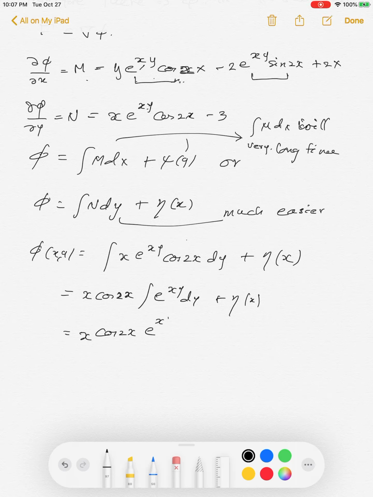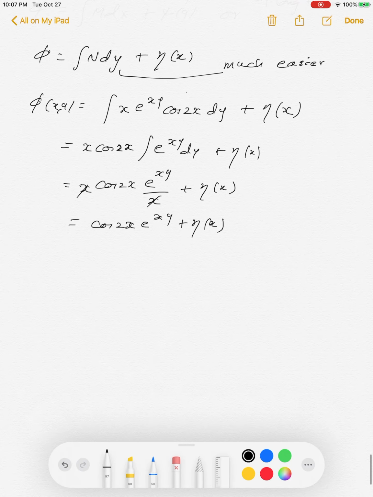Let me write this as x cos 2x times the integral of e^(xy), which is e^(xy) divided by x, because x is a constant, plus η(x). The x and x cancel. So this is going to be cos 2x e^(xy) plus η(x).